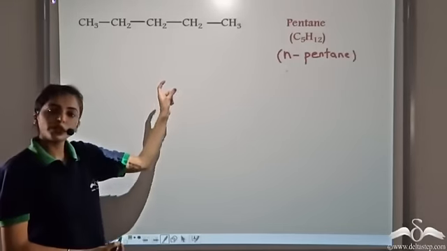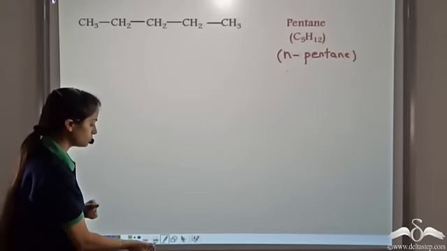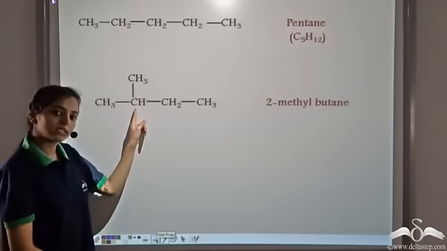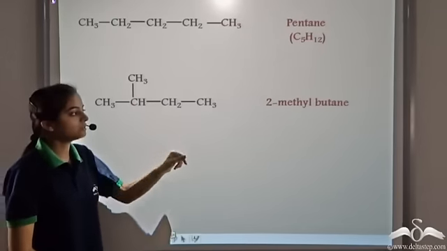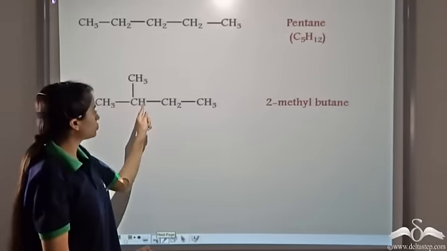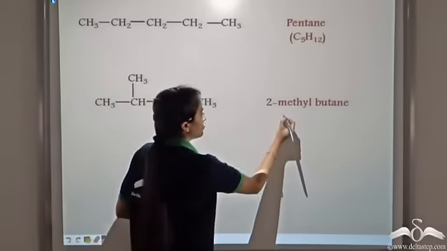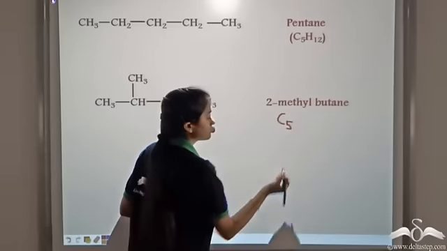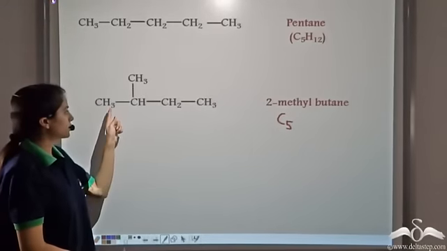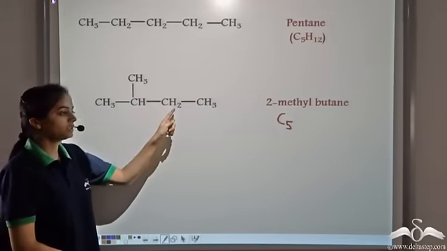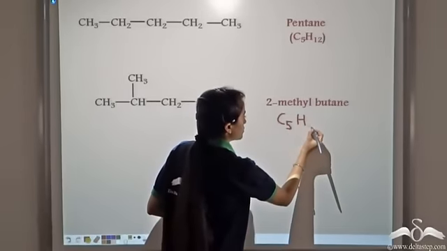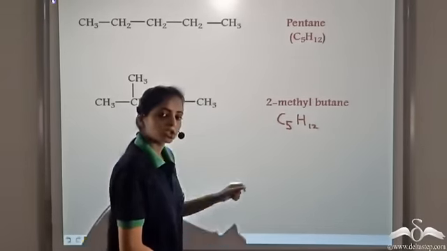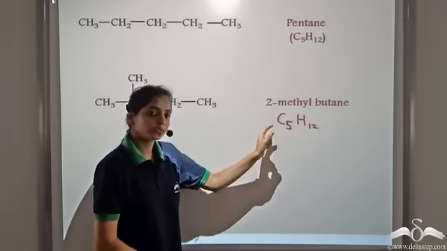Now, if we move one methyl group and bring it down, we place it like this and get 2-methyl butane. Again, if we count, we get 5 carbon atoms and 12 hydrogen atoms.